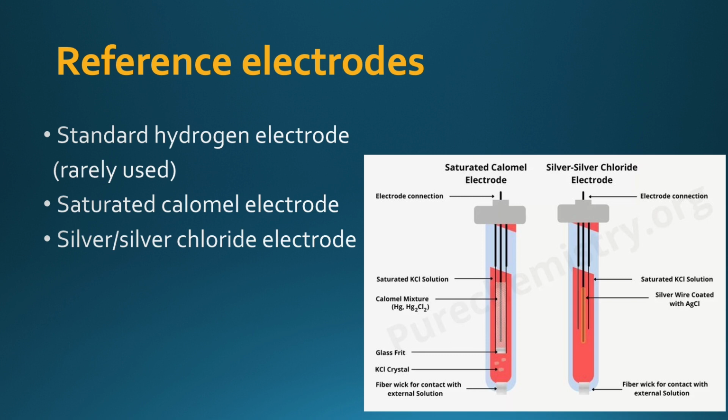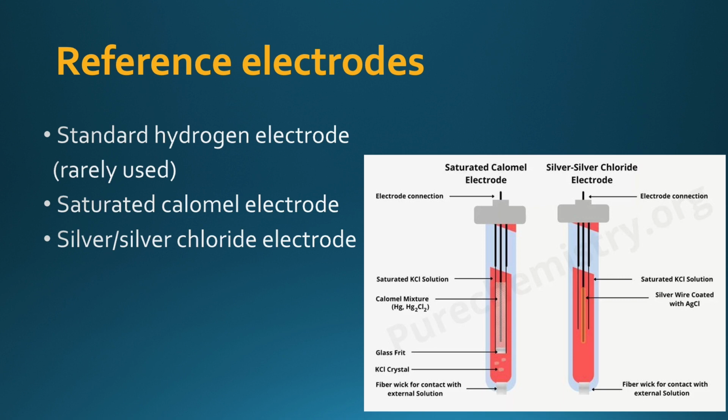There are three main examples of reference electrodes. The first one is not much used nowadays. It's the standard hydrogen electrode. Nobody's using it nowadays, mainly due to difficulty in synthesis while manufacturing. The common electrodes are the saturated calomel electrode and the silver chloride electrode.